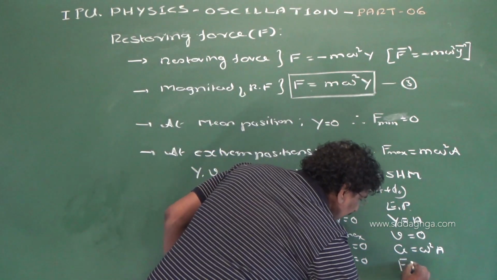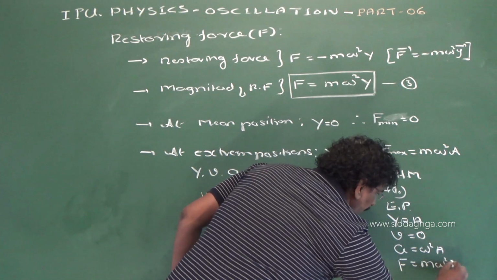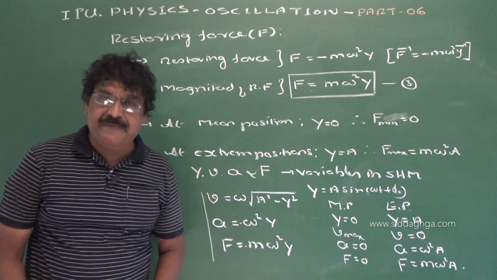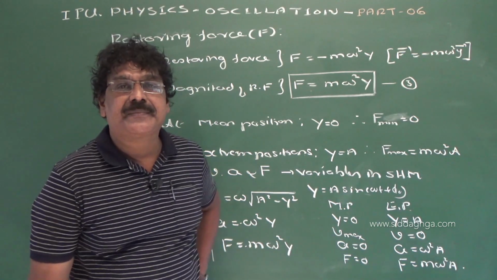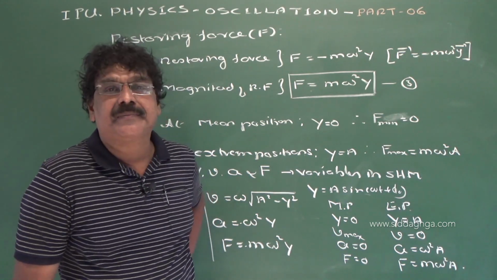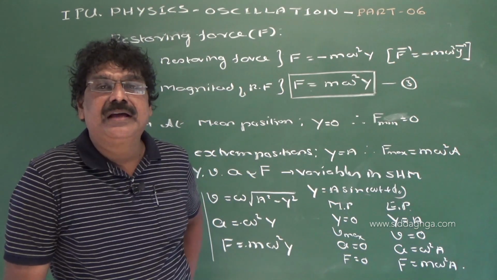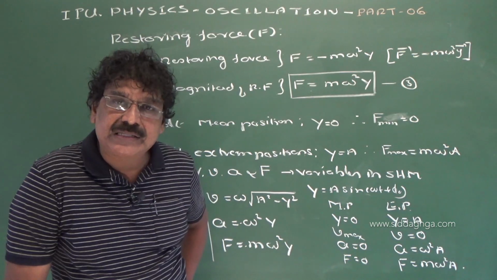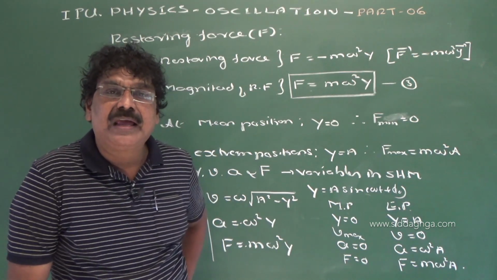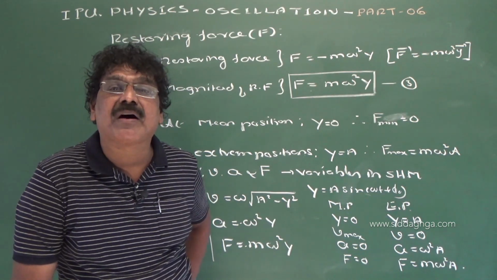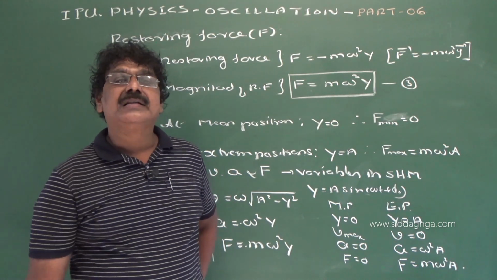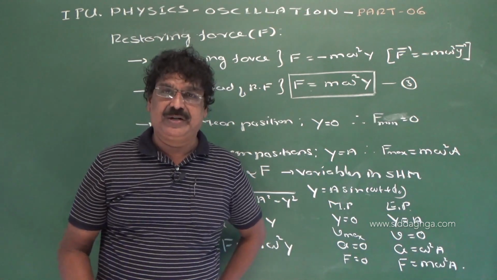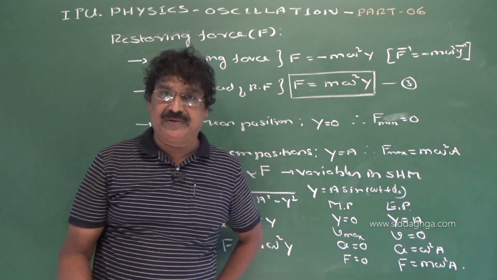F is equal to ma, m omega square a. These are all the values of displacement, velocity, acceleration and restoring force at mean position and extreme positions of a particle executing simple harmonic motion, or oscillation, or vibration, we can take.